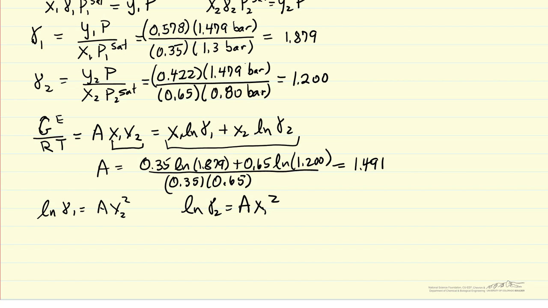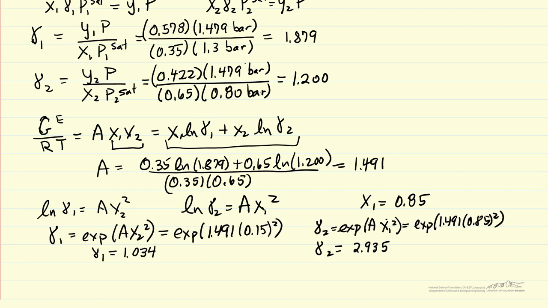So we're interested in x1 equals 0.85. Let's determine gamma 1 and gamma 2 using the parameter A that we found. Substituting in the mole fraction and the value for A, we get gamma 1 and gamma 2. This is for x1 equals 0.85.